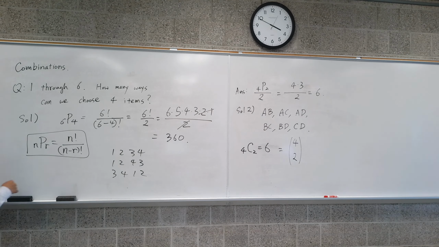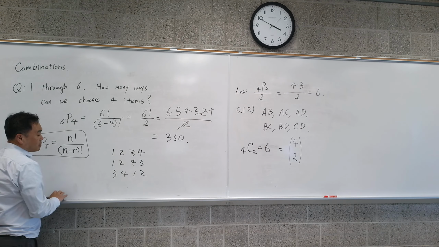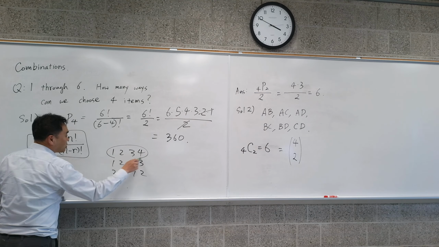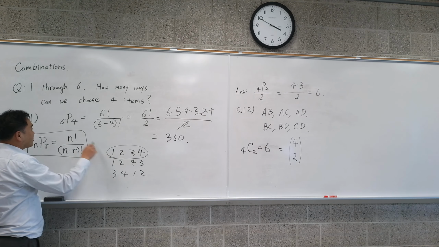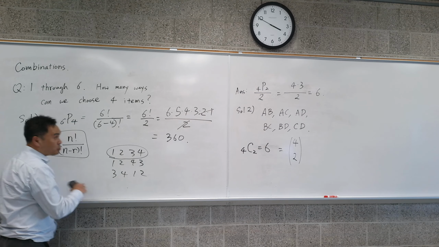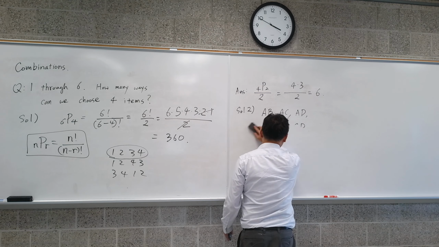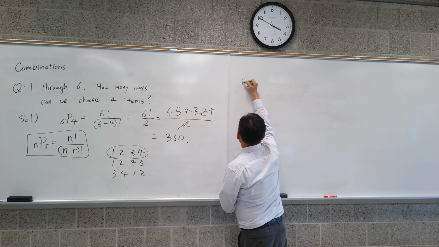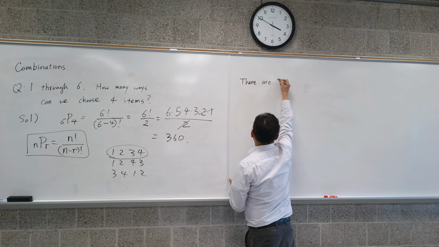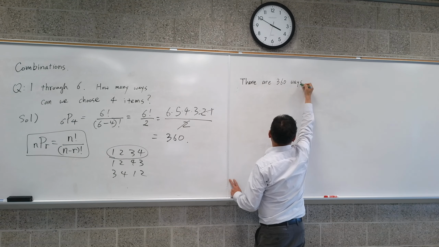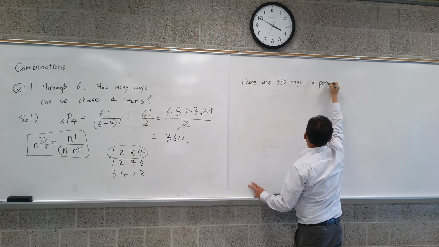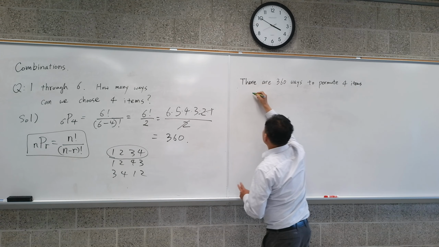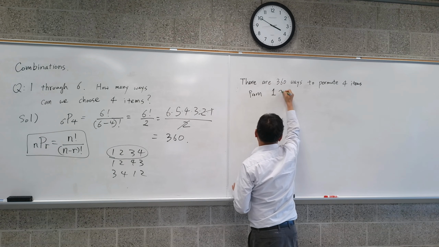Well, what we do is think about all the different ways this 1, 2, 3, 4 would be represented in 6P4. So now the sub-question is, there are 360 ways to permute 4 items from 1 through 6.